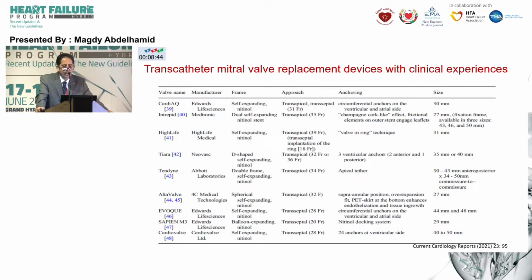So different designs for proper anchoring is important. So many designs and many valves are available now, such as the CardiAQ, such as the Tendyne, which is commonly used, but it's used transapical, and transseptal, the CardioValve, and Sapien M3.